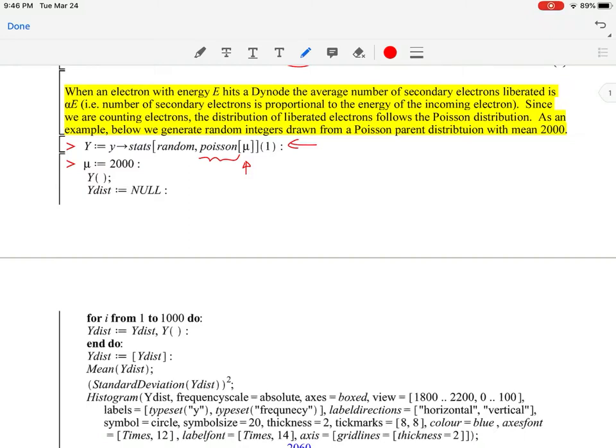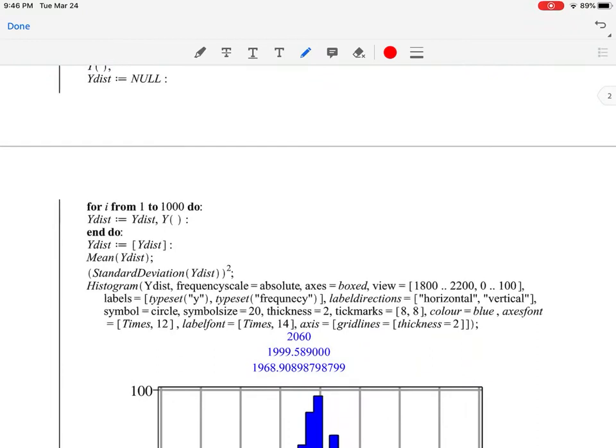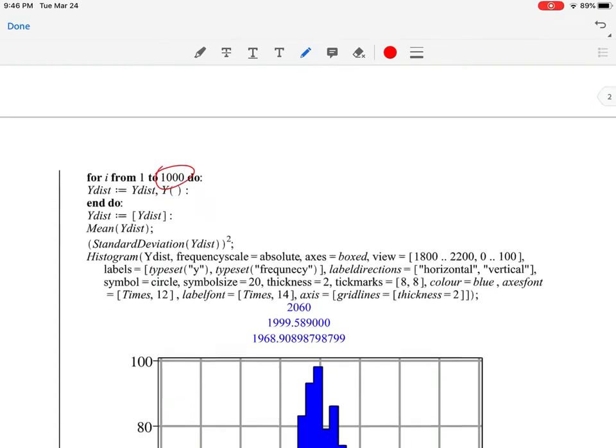And so here's another test where I'm going to set the mean equal to 2000, and we're going to draw random numbers from the Poisson distribution 1,000 times, and then just plot a histogram of that.